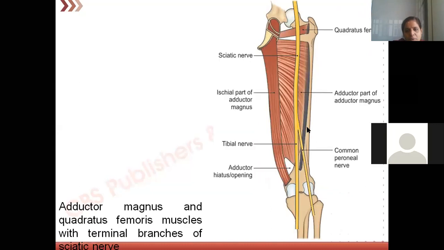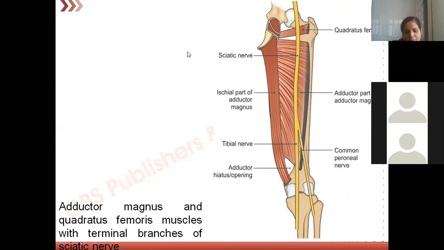So in this picture, if you observe, you can see the sciatic nerve. Which was the key muscle which we saw yesterday in the gluteal region? Piriformis. Very good. Below piriformis, we saw the sciatic nerve coming. It runs over the gluteal muscles and over the adductor magnus, and just above the popliteal fossa, it divides into two, the tibial nerve and the common peroneal nerve.